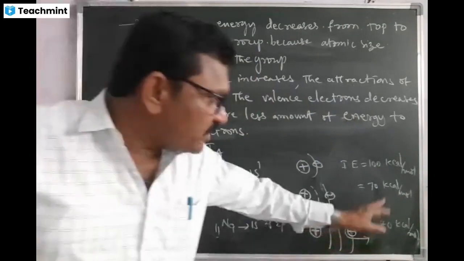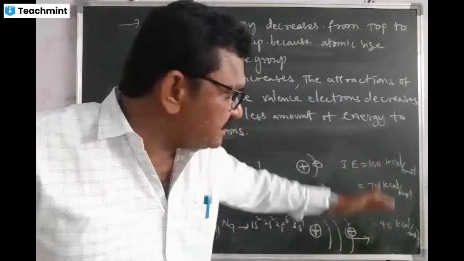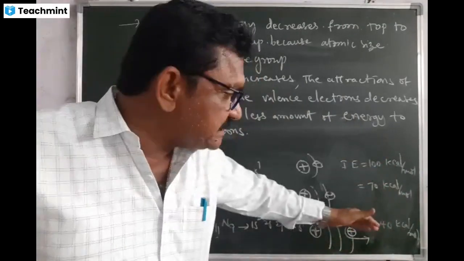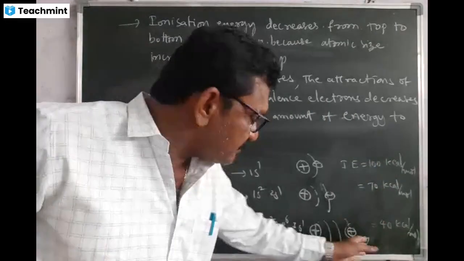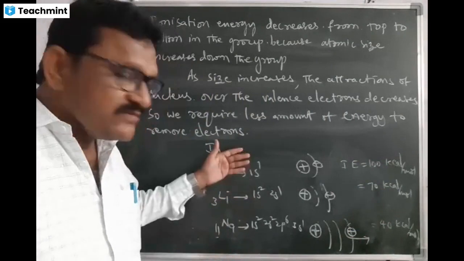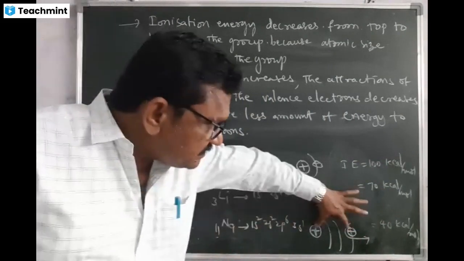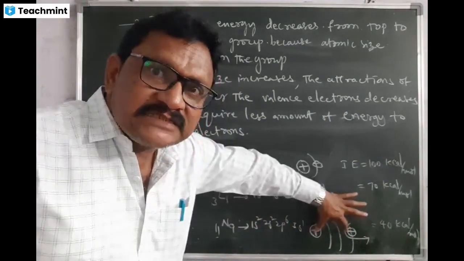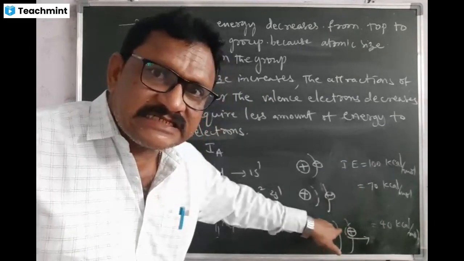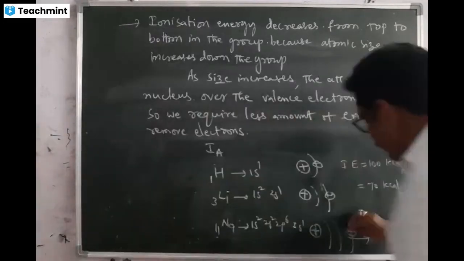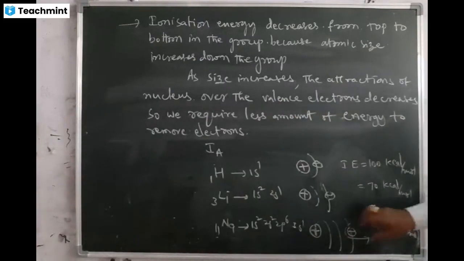Have you understood why ionization energy gradually decreases? Less energy is enough to remove the electron from sodium compared with the one above, because attractions are less as distance increases. That's why you can remove the electron very easily.